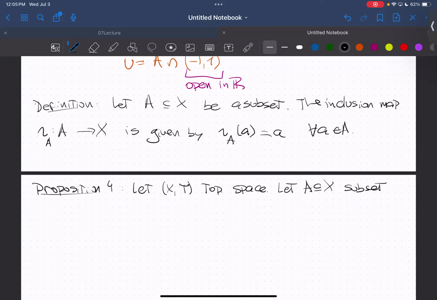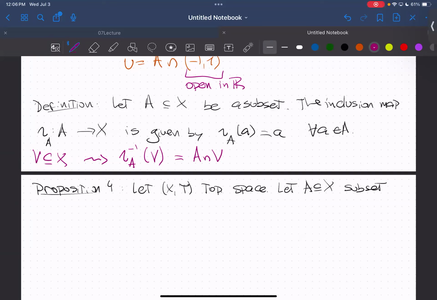So before I state the theorem, if I take a subset V of X, I don't need this to be open, and I compute the pre-image of V under iota, by definition this is all elements in A such that when I apply iota, I get something in V. So this will just be A intersect V. And this is how opens in A look if you let V be open.